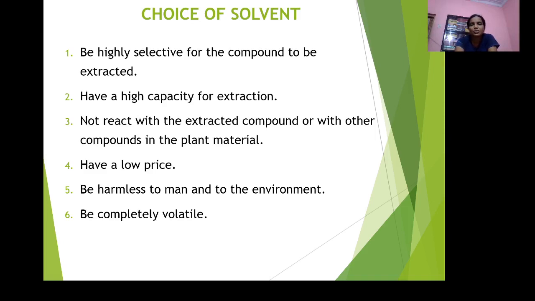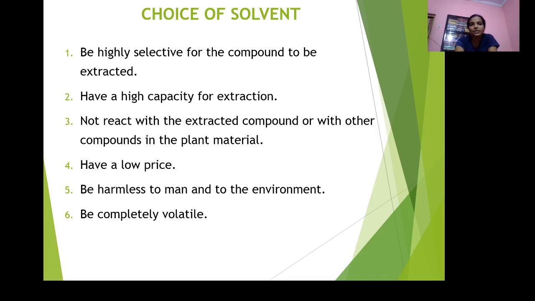Second, it should have a high capacity for the extraction process. It means that more and more chemical constituents can be extracted from the plant. The solvent should have very high efficiency so that we can get more and more extract from that part of the plant or crude drug.